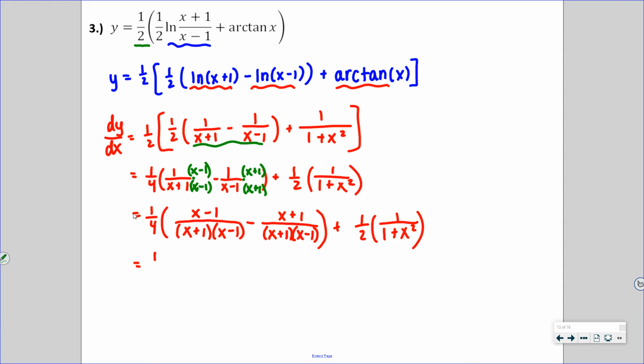All right, now those fractions are ready to combine. So I have x minus x, those cancel. And I have, careful here, -1 minus 1, I would get -2. Those ones do not cancel.